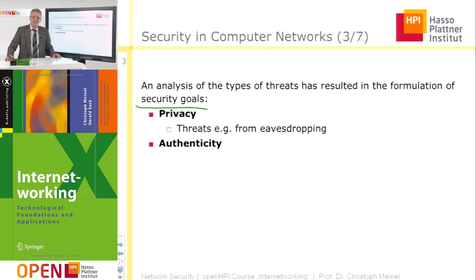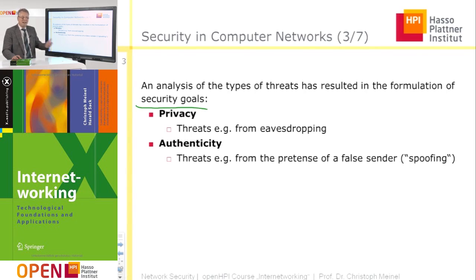Another security goal is to secure the authenticity of a sender. So a threat here is the pretense of a false sender, so spoofing is a famous attack where, due to a weakness of the internet protocols, the attacker changes the sender address to his own address. For example, to misuse an internal address from an external position.